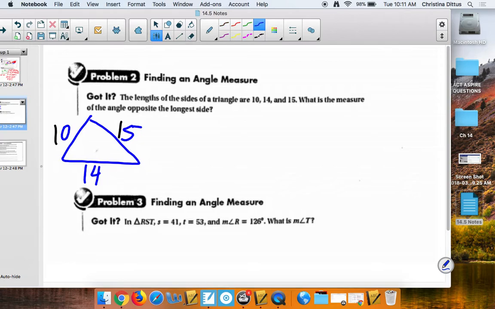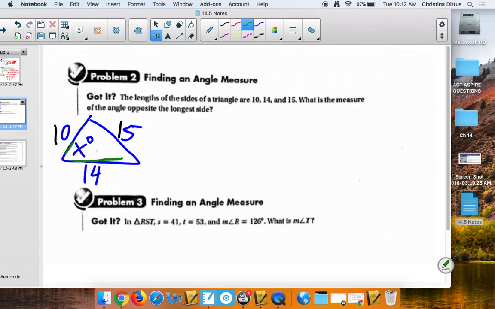Well, which is the longest side? 15. So I want the angle across from it. So I'm looking for this angle right here. We'll put a degree sign even. Do I have, so you know how we're looking for SAS? Is my angle in between two sides?